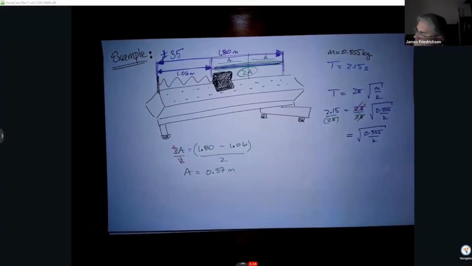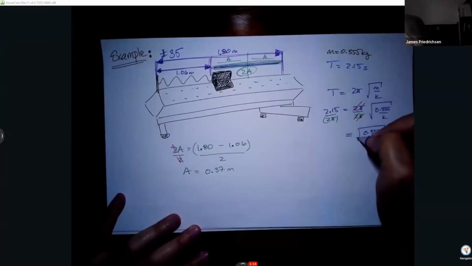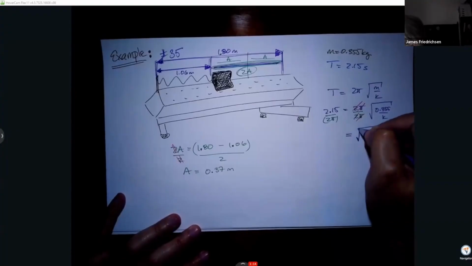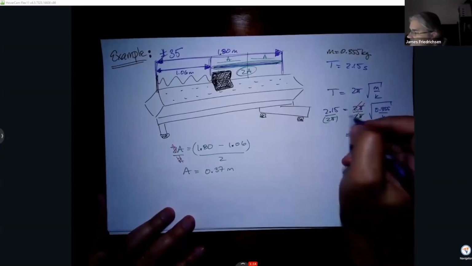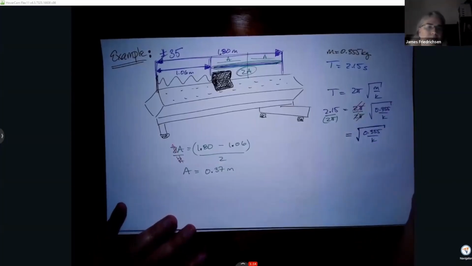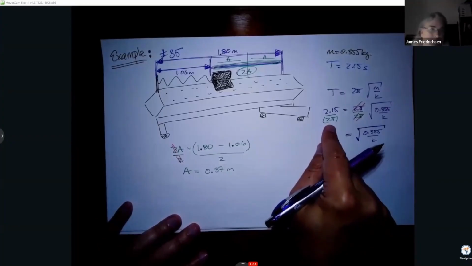We have to watch the parentheses on the 2 pi.